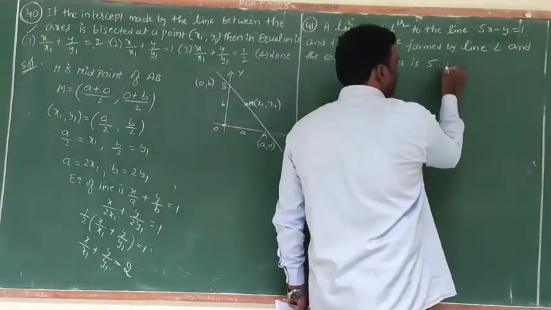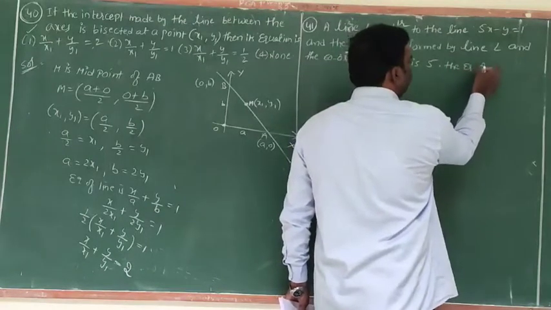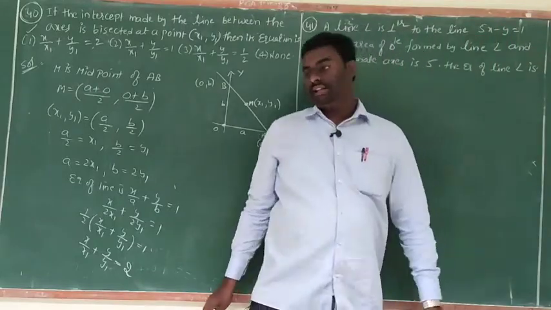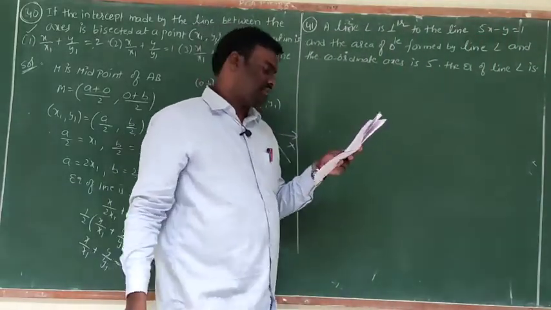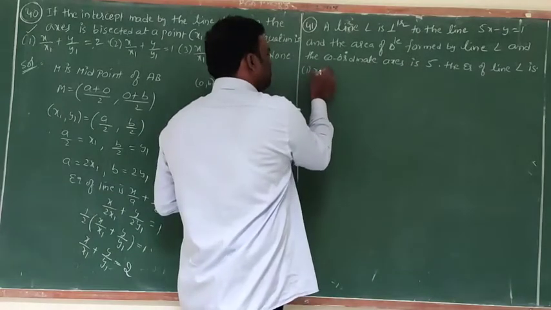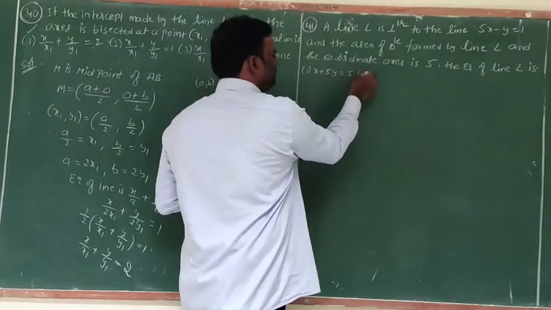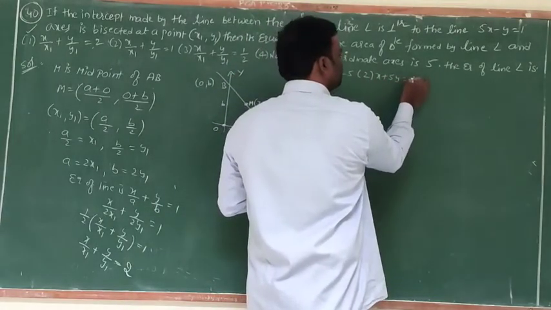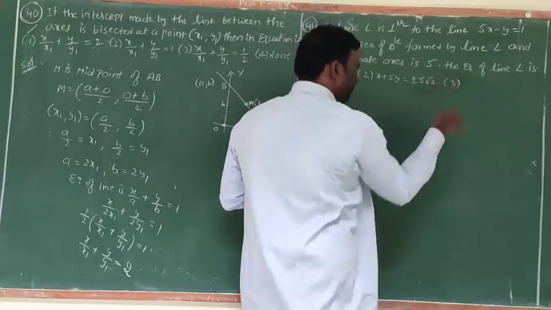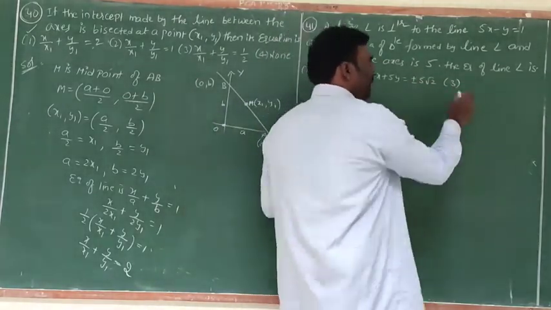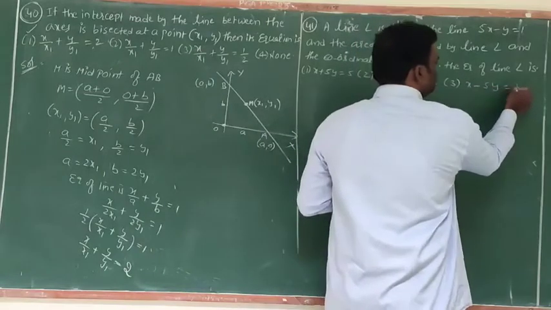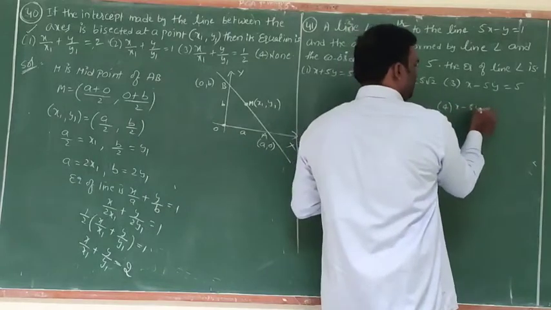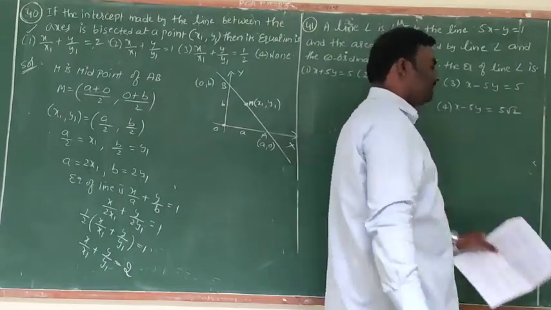Then we need to find the equation of line L. First option, x plus 5y equals 5. Second option, x plus 5y equals plus or minus 5 root 2. Third option, x minus 5y equals 5. Fourth option, x minus 5y equals 5 root 2.